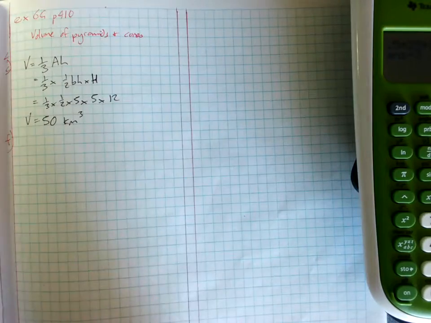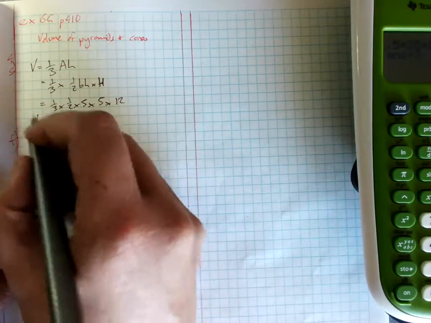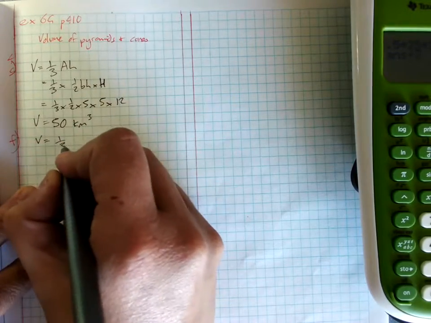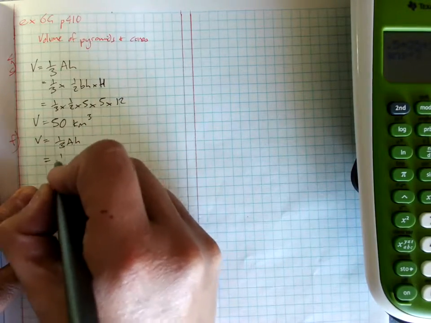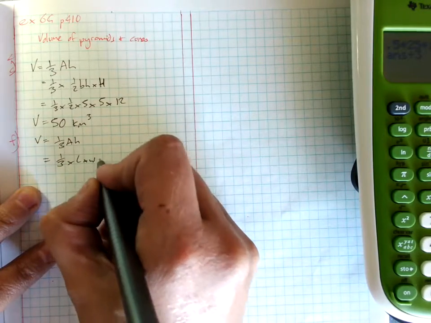Question F. We have an oblique square-based pyramid. Still 1/3 area times height. Oh, it's rectangular. Length times width.